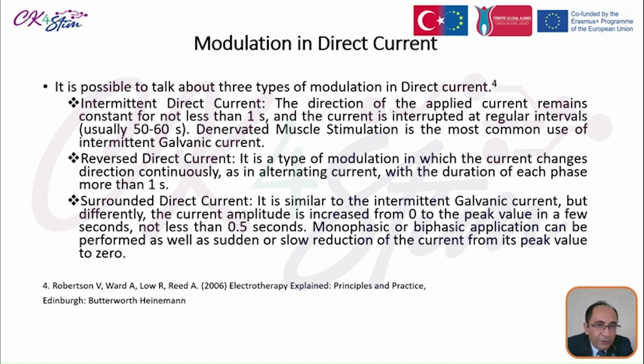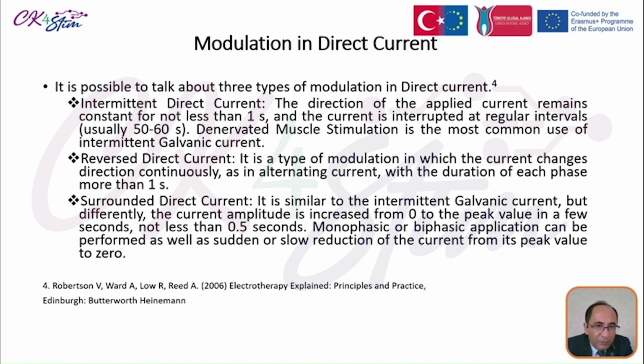Reverse direct current is a type of modulation in which the current changes direction continuously, as in alternating current. The duration of each phase here is more than 1 second. In surged direct current, it's similar to the intermittent galvanic current.